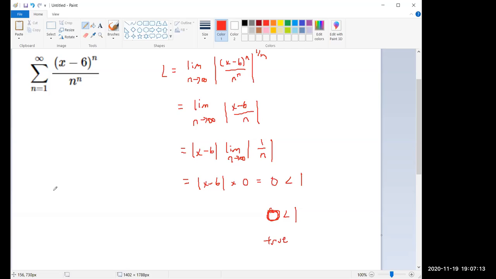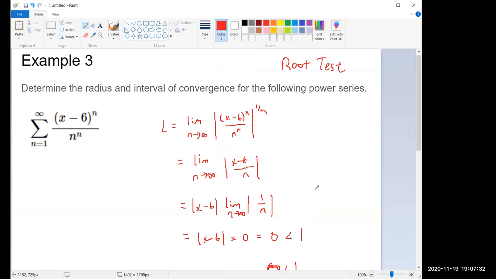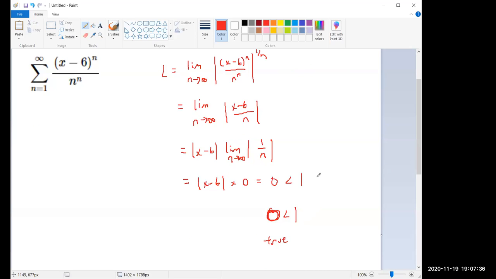I don't know if you guys remember that, but it's not false. When you're trying to solve a system of equations or whatever, and you get a true statement, what it means is that every single possible value of x is an answer. So since we got 0 is less than 1, which is a true statement, every single value of x will make the series converge.